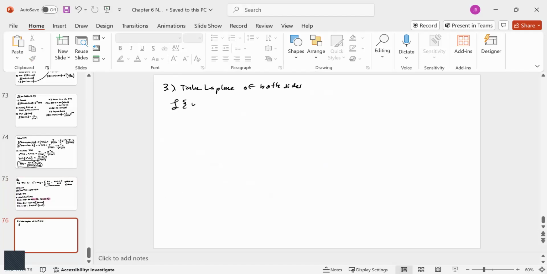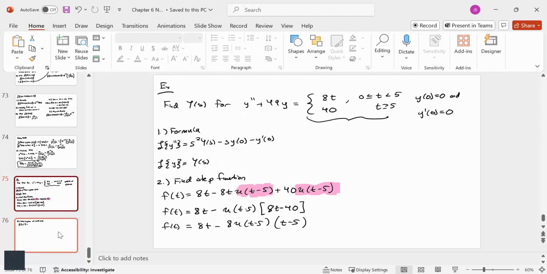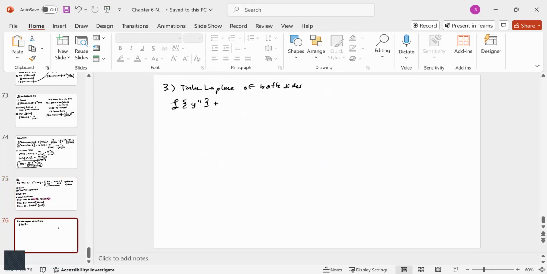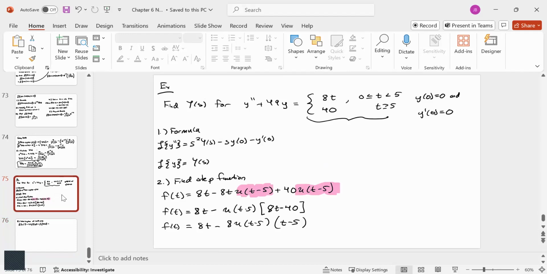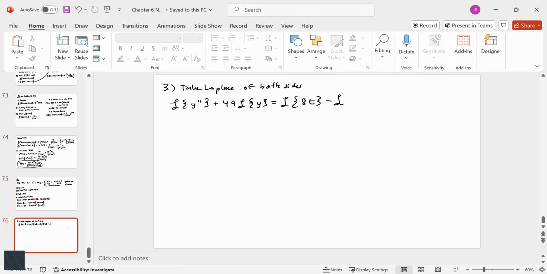So the Laplace transformation of y double prime plus, we'll factor out the 49, of y equal to the Laplace transformation of 8 times t, minus the Laplace transformation, there's an 8 out here, can't forget about that, of u of t minus 5 times t minus 5. Should have it in the front, that's fine.